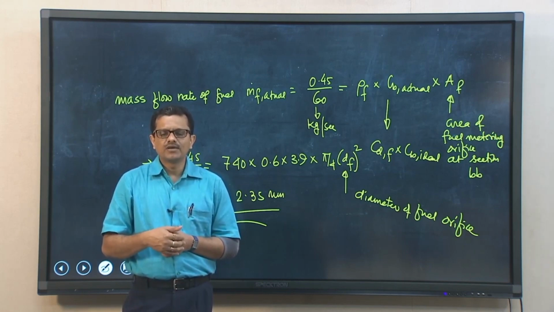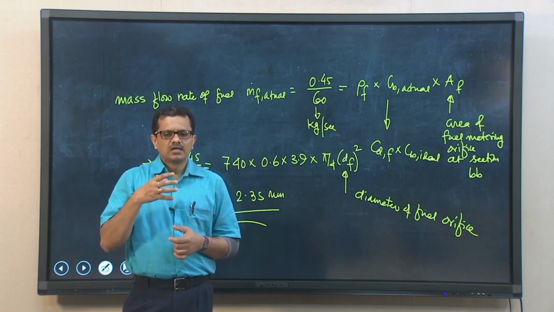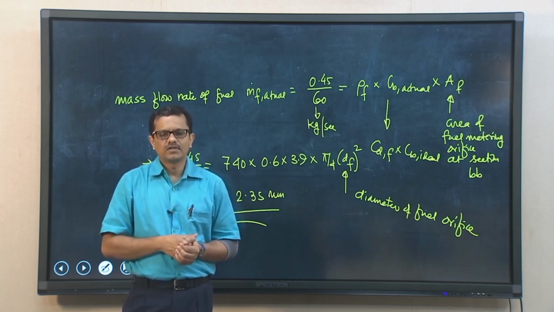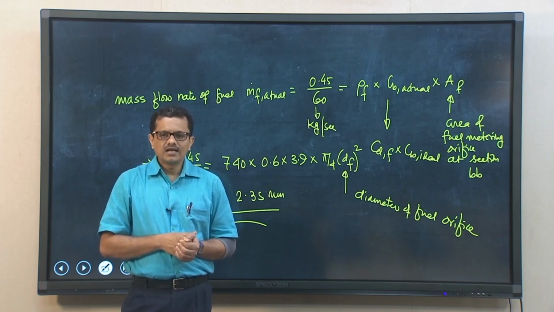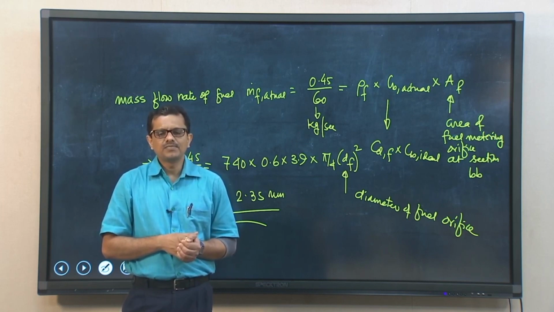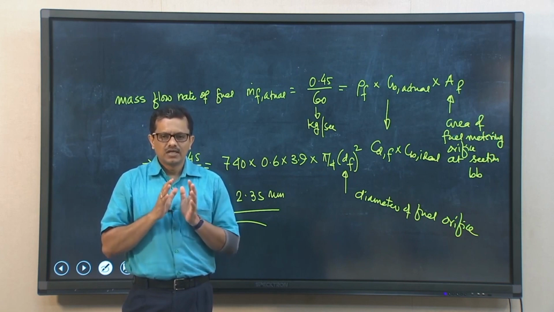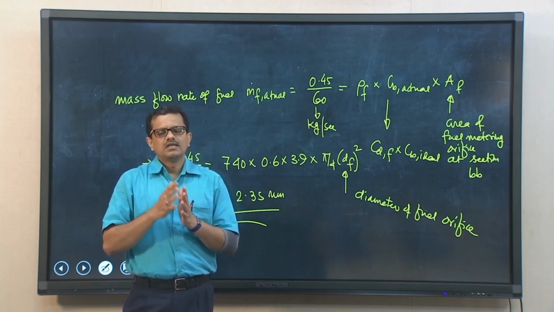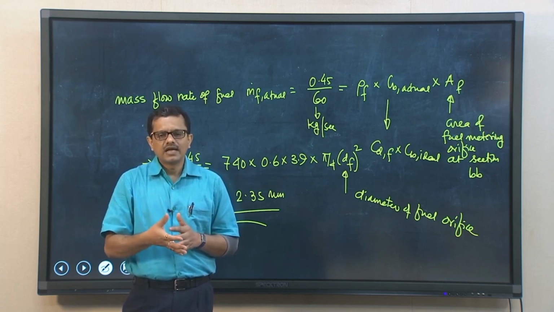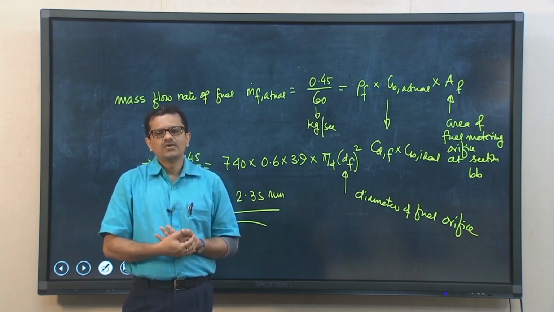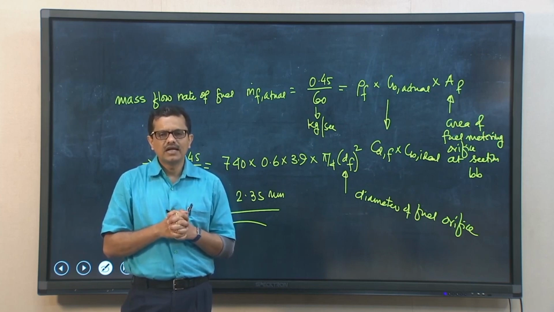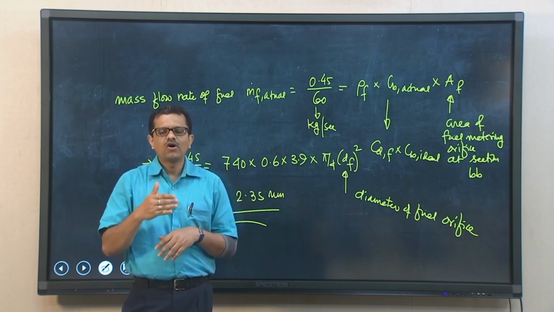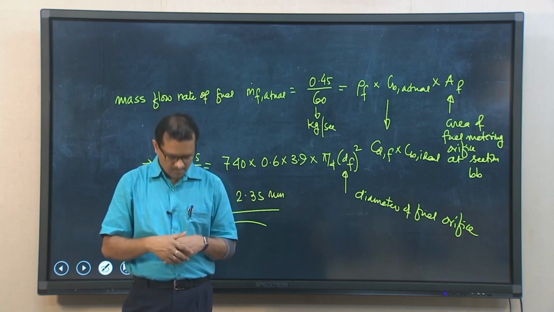Then we solved one numerical problem for the calculation of stoichiometric air fuel ratio considering a generic formula of fuel, and lastly we solved another problem wherein, knowing the mass flow rate of fuel and air, we could calculate the diameter of venturi at section BB and also the fuel orifice diameter for a flow of certain quantity of fuel for a given pressure drop.